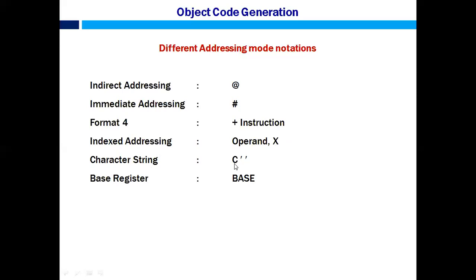Let's say there is BYTE or whatever in the operand, and then we will have the character C, followed by any number of letters within single quotes. Then we understand it is a character string. This we will see in a little more detail in the next examples. Then base register, we will use the keyword BASE here. And for base register, we are not going to calculate anything else. This is only like a base register being active.